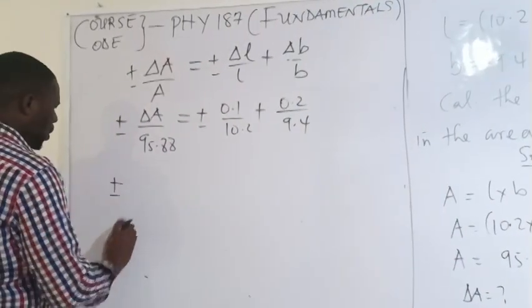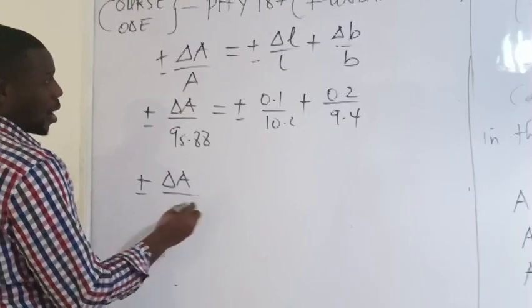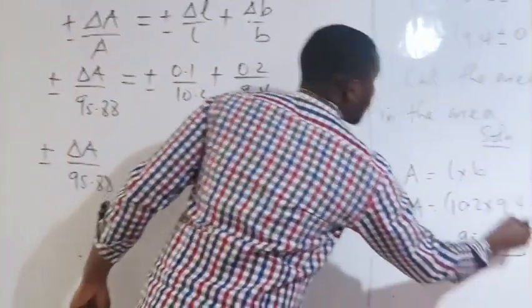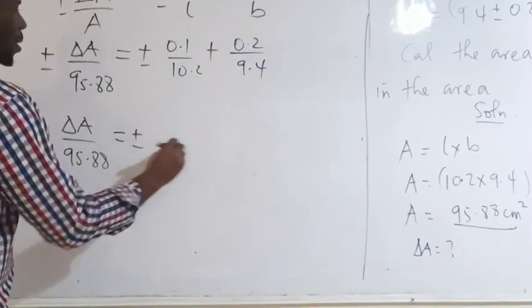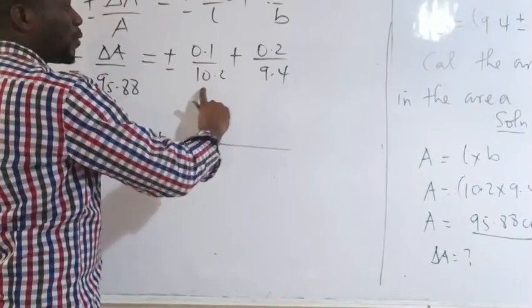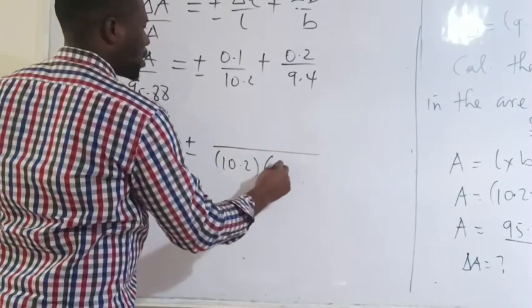So we have plus or minus the absolute error in the area divided by the value of the area itself, which we got from the product of the length times the breadth. This is equal to plus or minus. Now we'll take the LCM, which would be the product of the denominators, so that is 10.2 times 9.4.